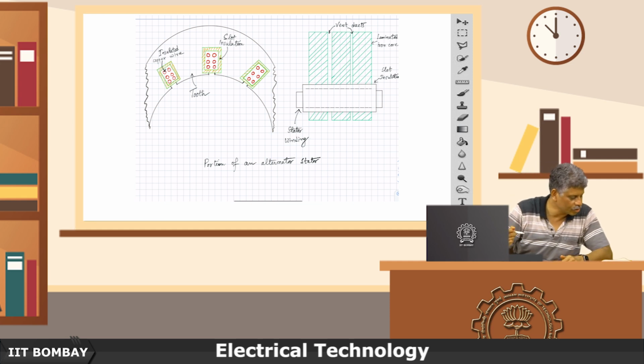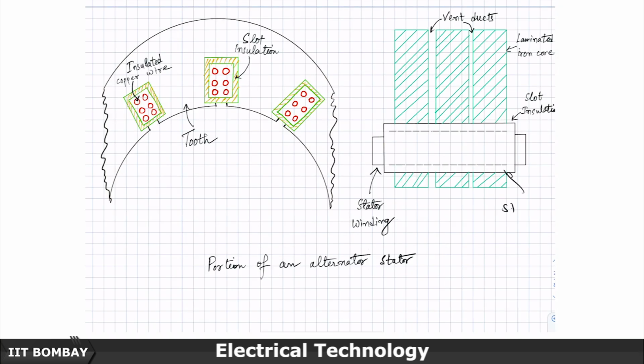So, this would be your stator winding, and then this is the slot insulation, and this is your laminated iron core.